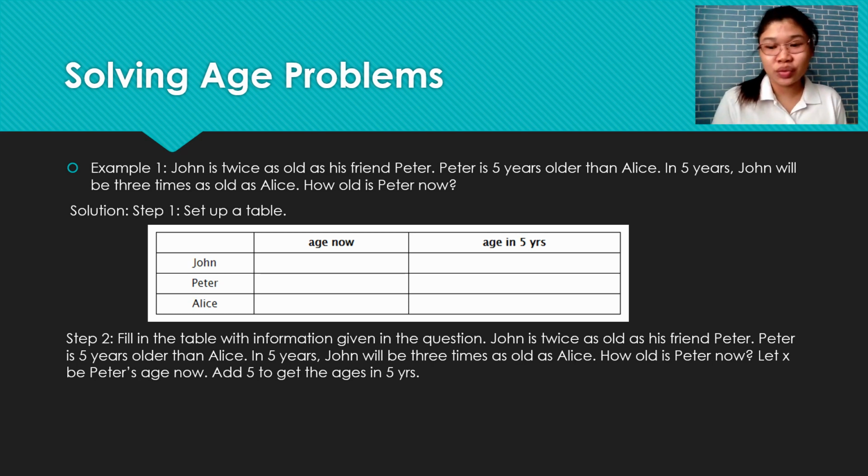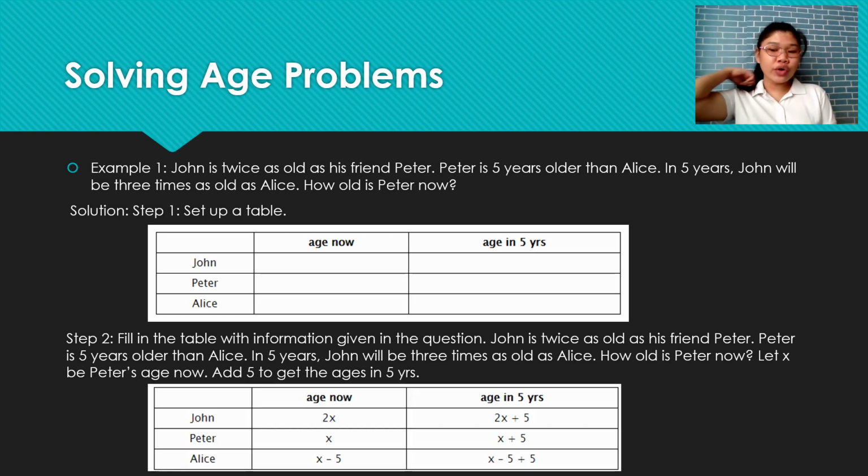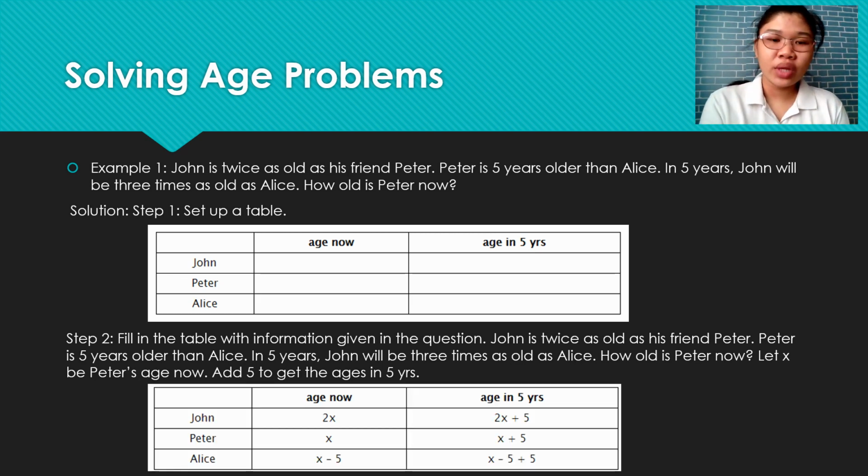So it is a must to read and read and read the question again. So John is twice as old as his friend Peter. And of course, you should pick a person which is a proper representation of an age. For example, my x here is Peter.